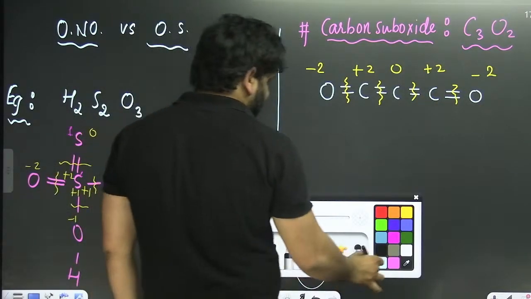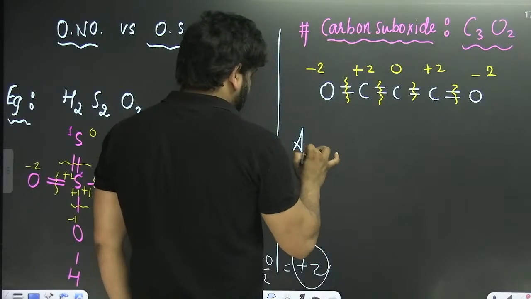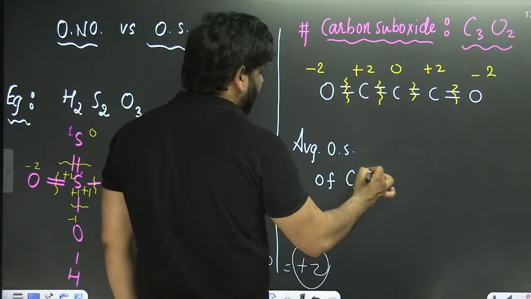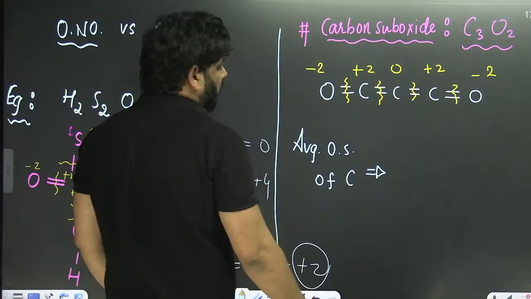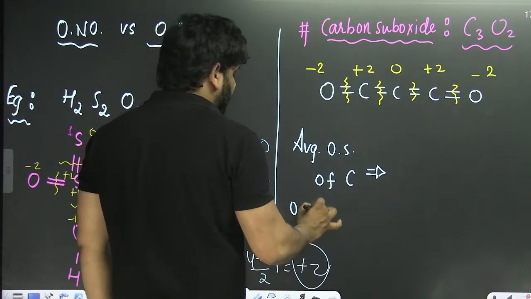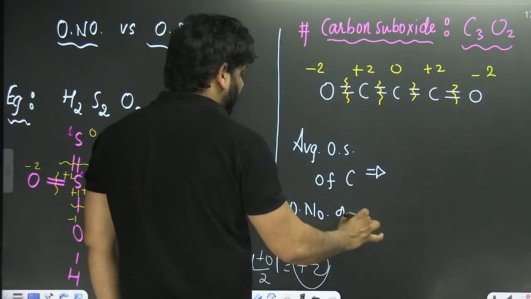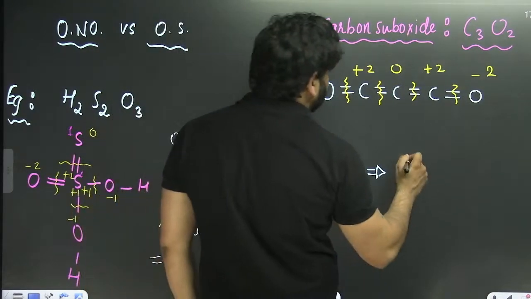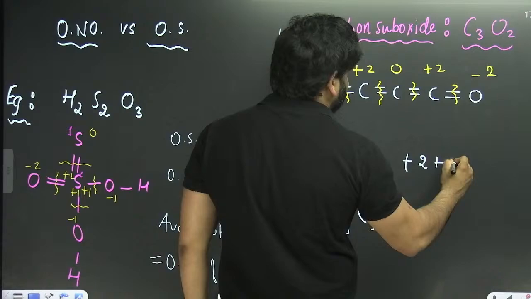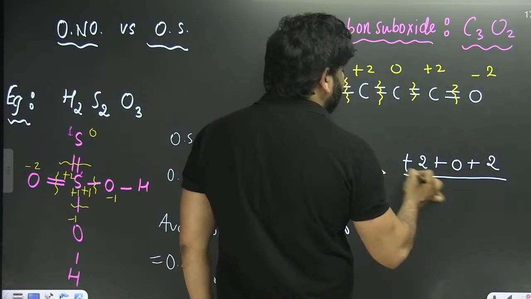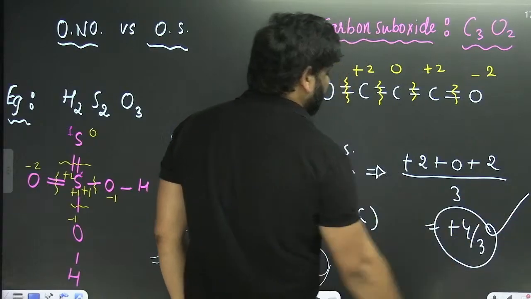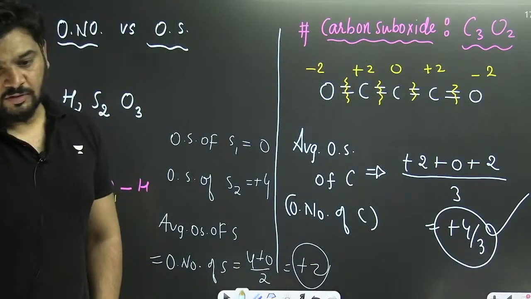So the average oxidation state of carbon, which is the oxidation number of carbon in this compound, will be positive 2 plus 0 plus 2 divided by 3, which is positive 4 by 3.